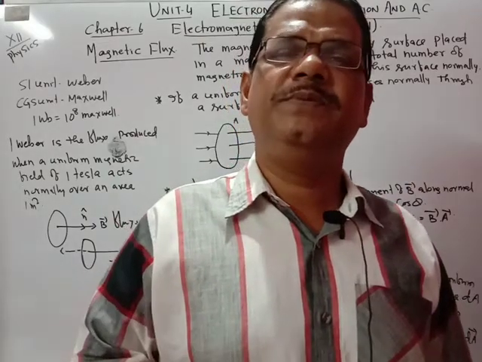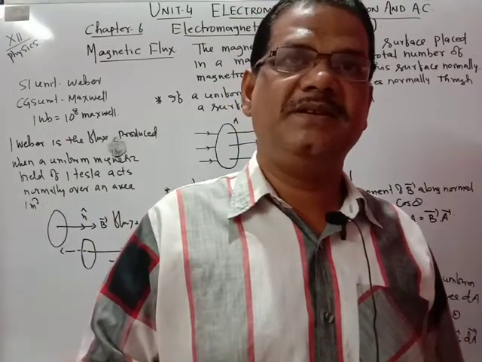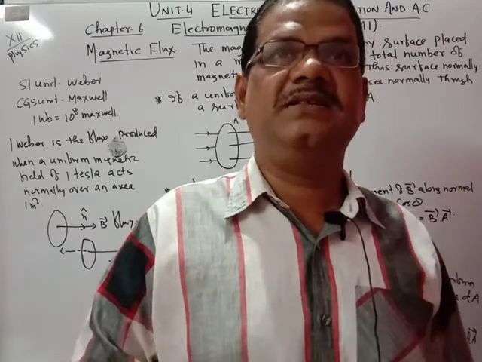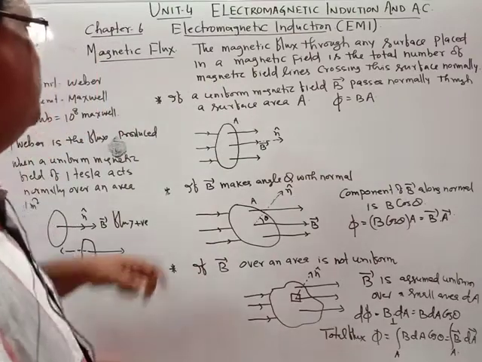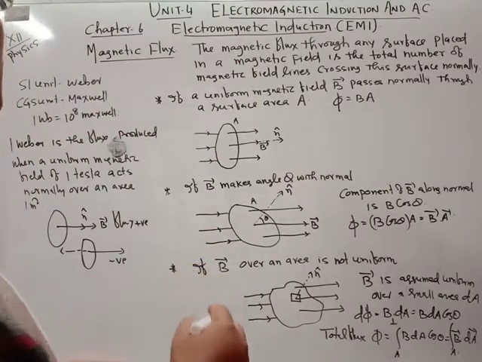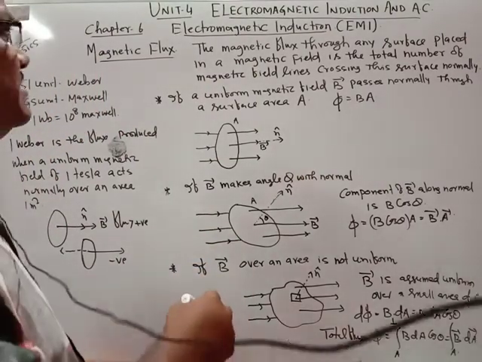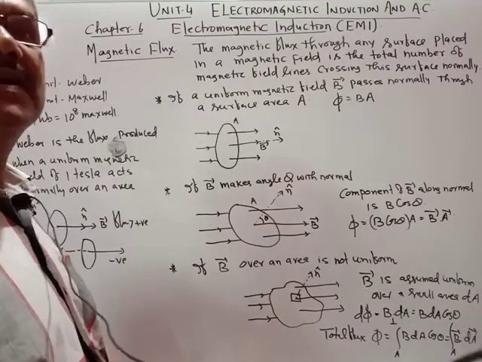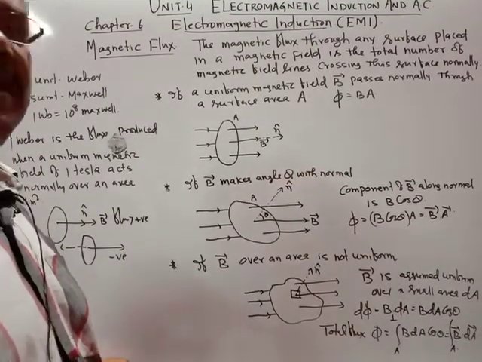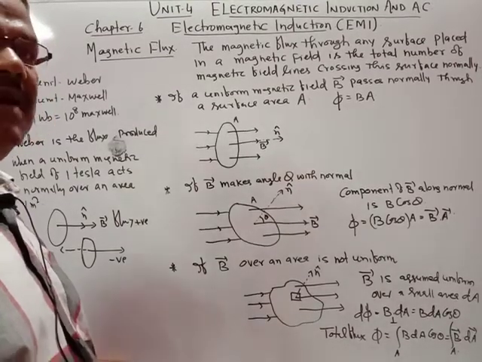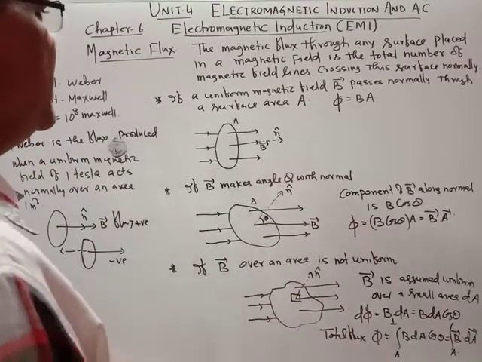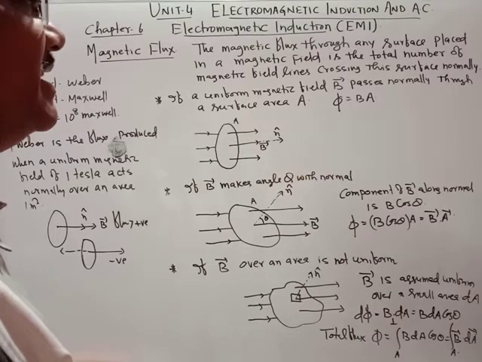So by definition, the magnetic flux through any surface placed in a magnetic field is the total number of magnetic field lines crossing this surface area normally.